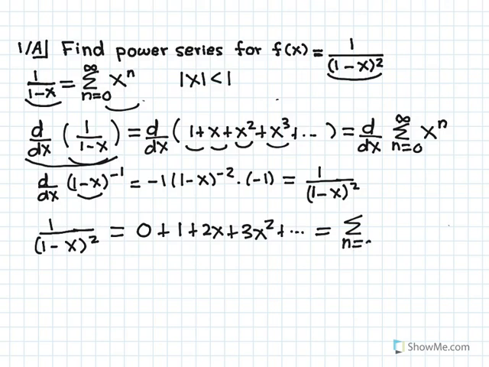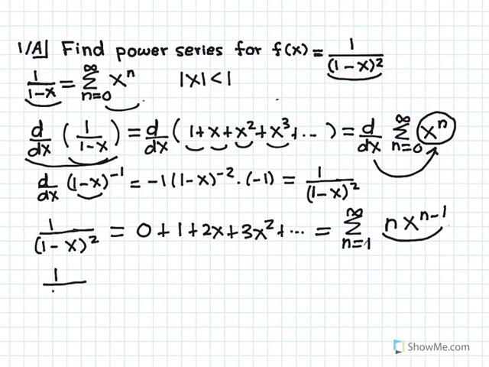Bring the derivative inside the summation and differentiate x to the power of n using the power rule. So we get n, bring the exponent down, subtract 1 from the exponent. Now notice n equals 0 doesn't make a contribution to this sum, so we can start the index at n equals 1.